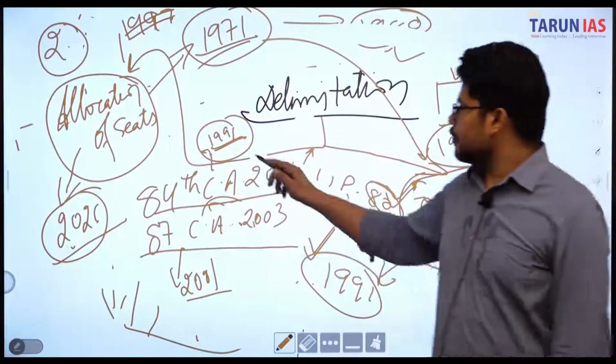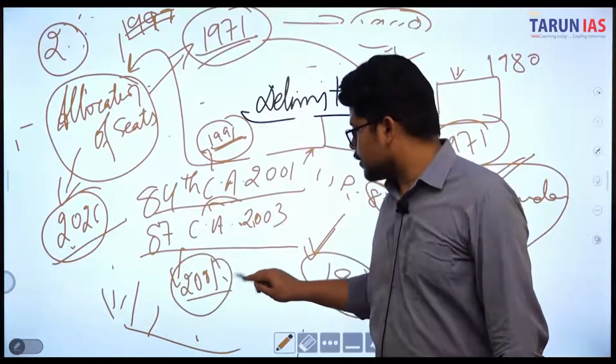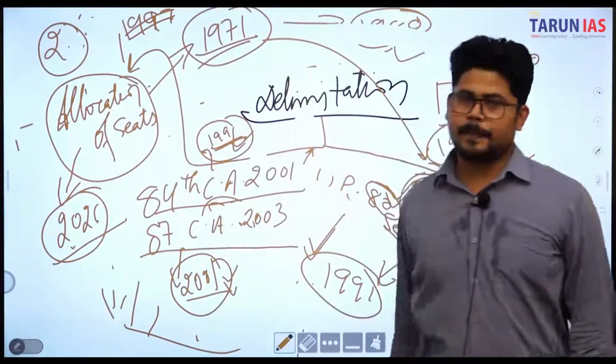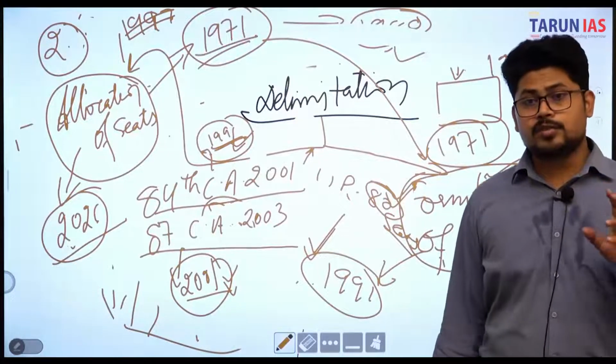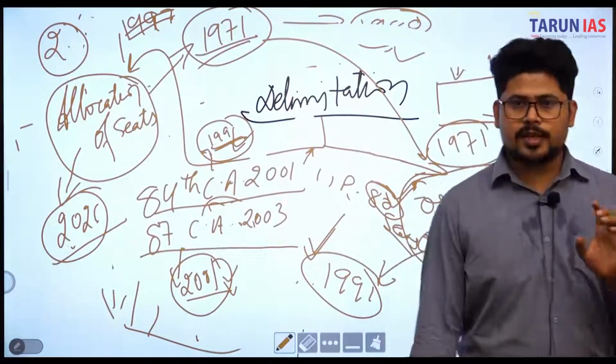Okay, and this was a rationalization over the 1991 figure. Okay, but yet the allocation of seats to all the states was still fixed.